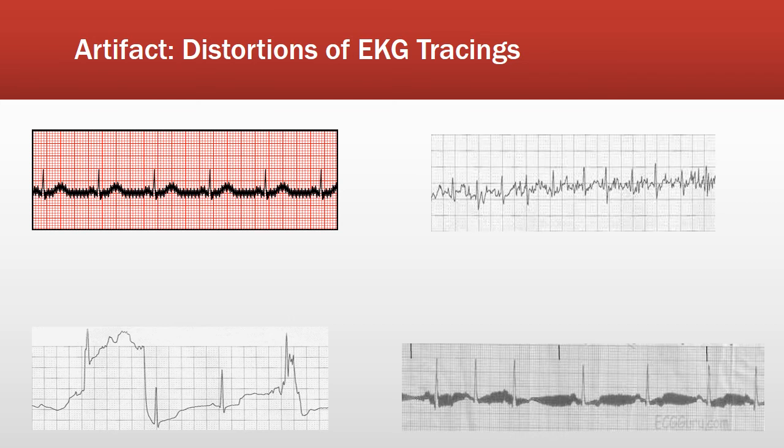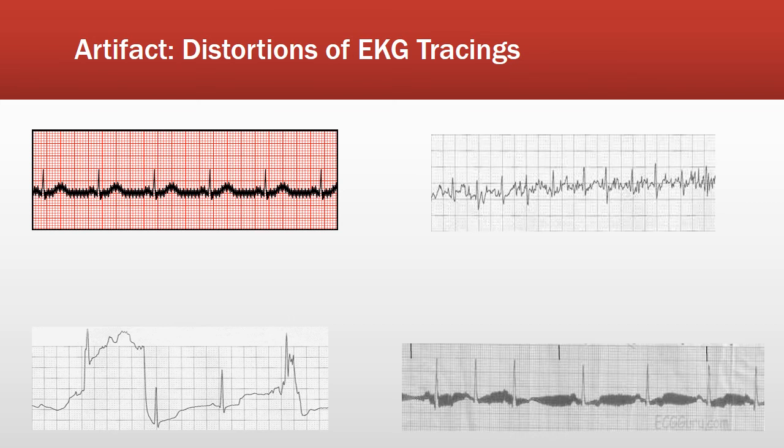That could also be from a phenomenon called 60 cycling, which basically means there's interference electrically, either from the monitor itself, you may not have the right leads on the patient, or in days past, the machines would actually pick up the vibrations from the fluorescent lights that were in the patient's rooms.